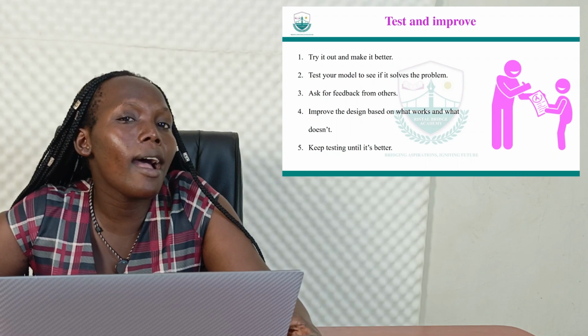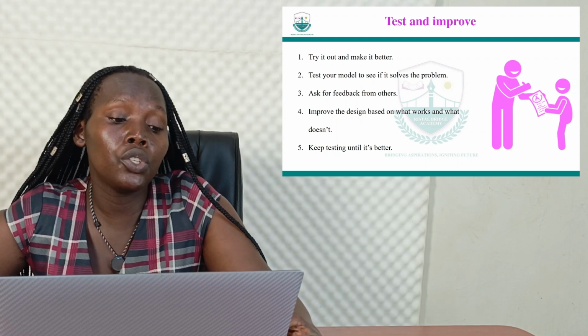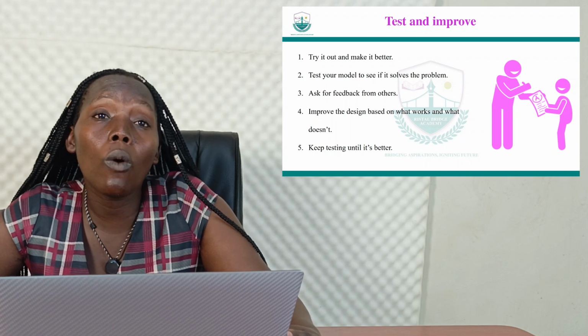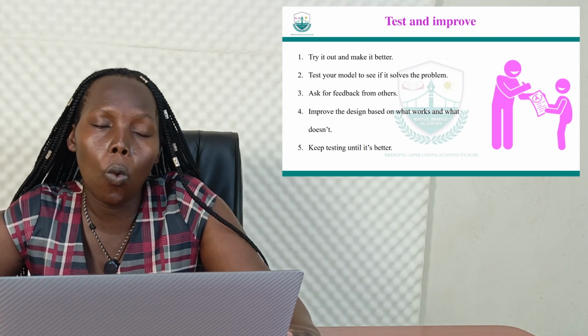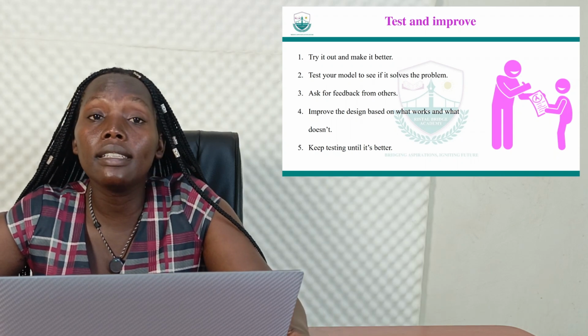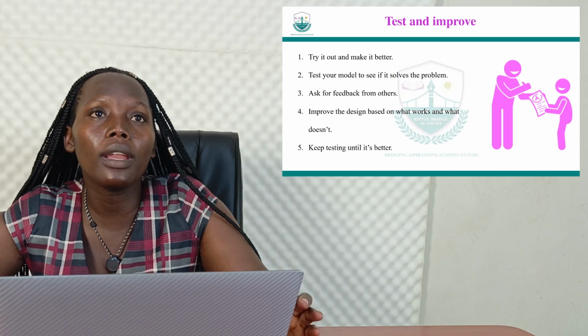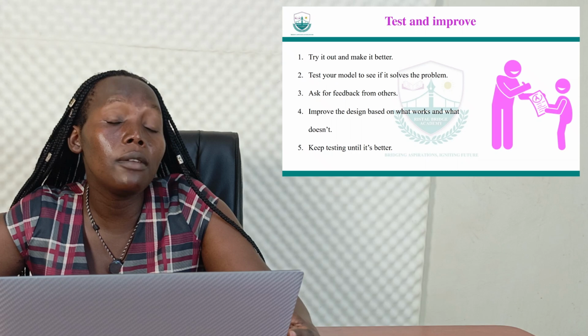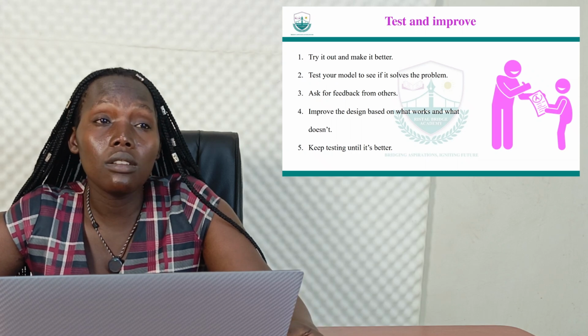And then we also see the question: what is the name given to the first model of a product made for testing? When you make the first product to see how it works, what is the name that is given, a sample?